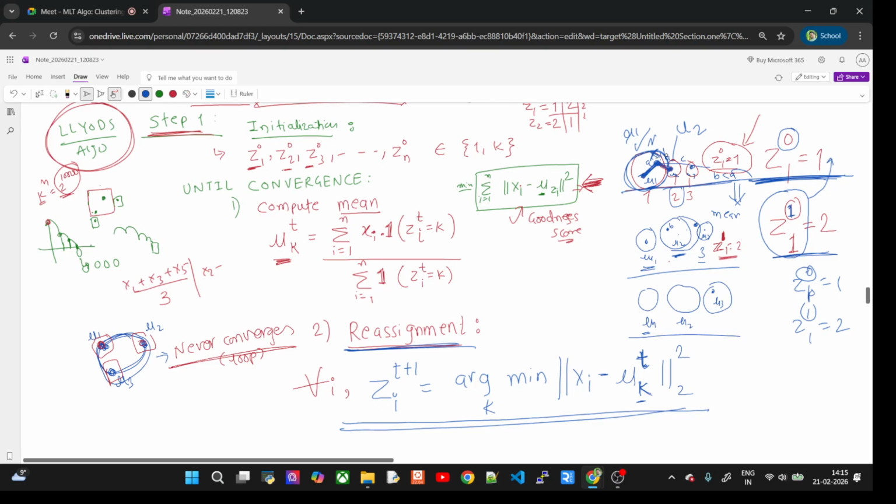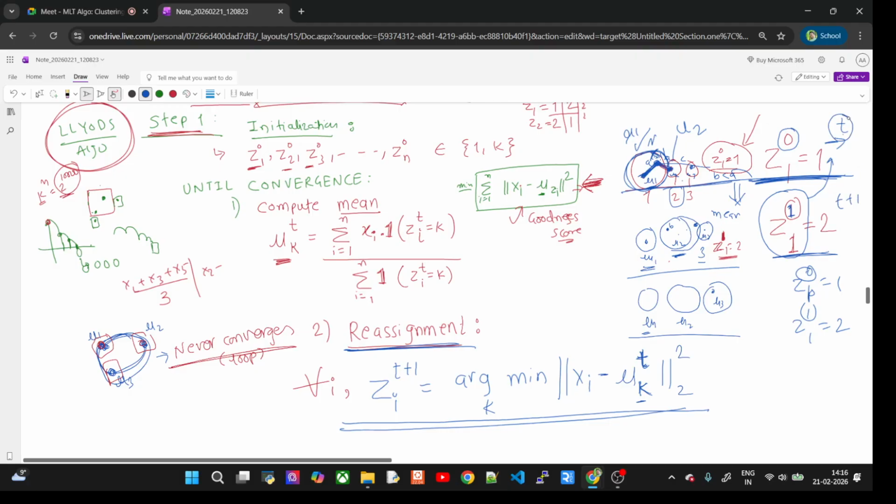It checked the distance between its current cluster mean and itself and found that value is a, and it also checked the distance between the neighboring cluster mu2 and itself and found that value is b. So depending upon the result at iteration t, it gives t plus 1.